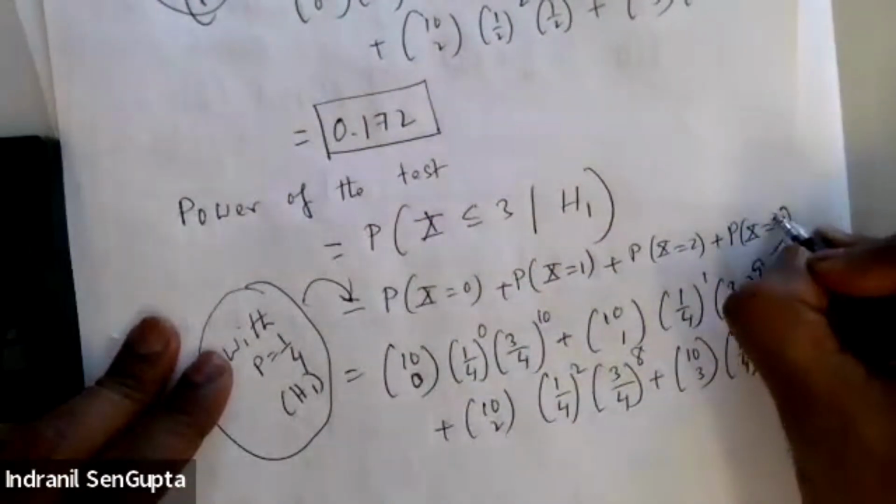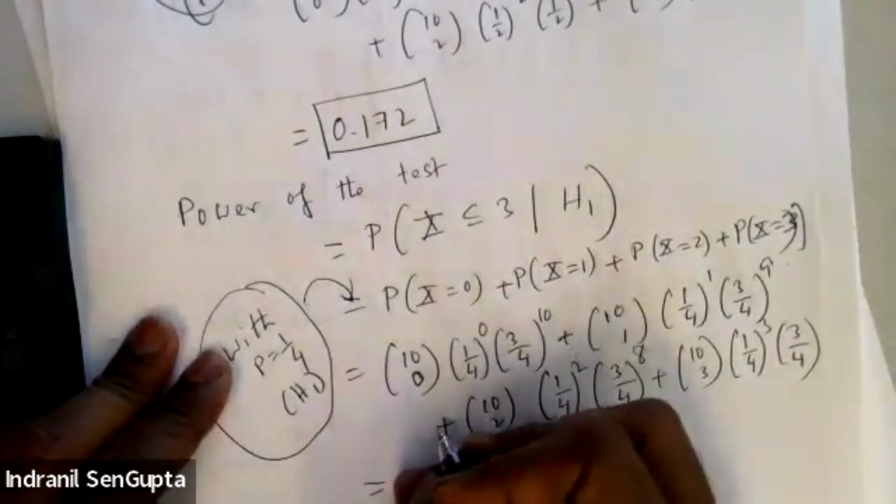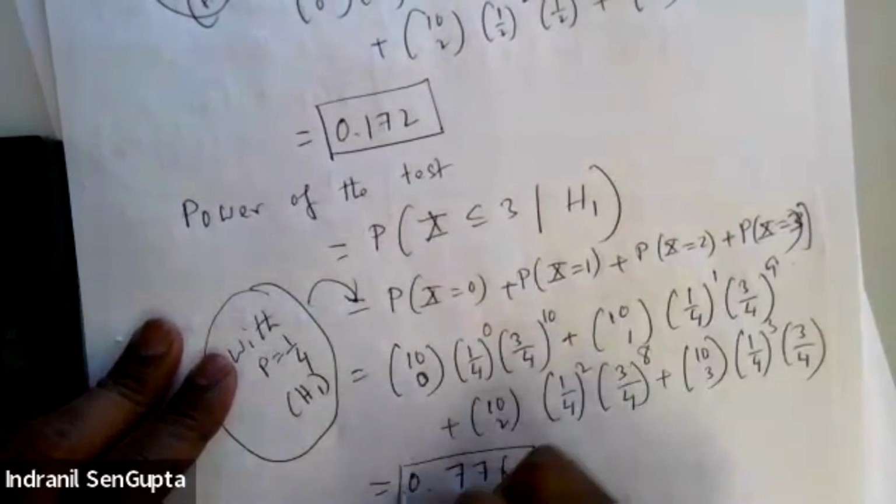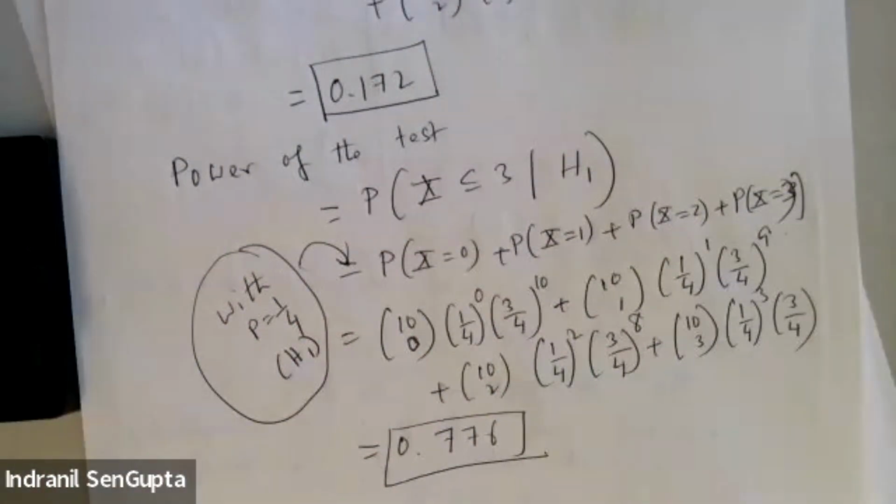And if you compute this, the number is about 0.776. So this is the power of the test.